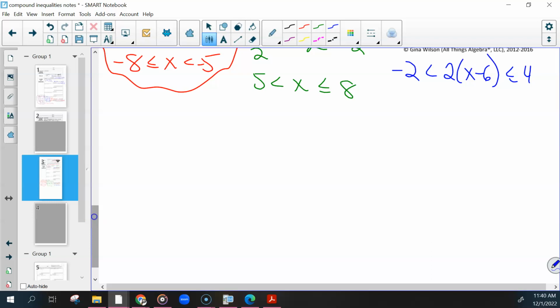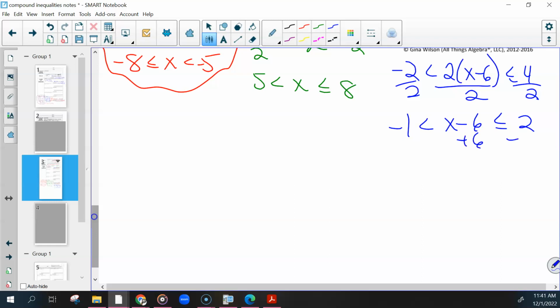I can divide each piece by 2 since they're all divisible by 2. So that would change this to -1 is less than x minus 6, which is less than or equal to 2.